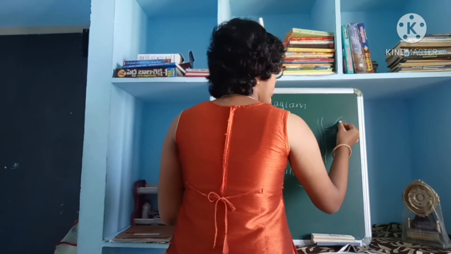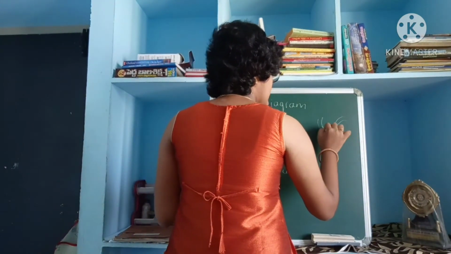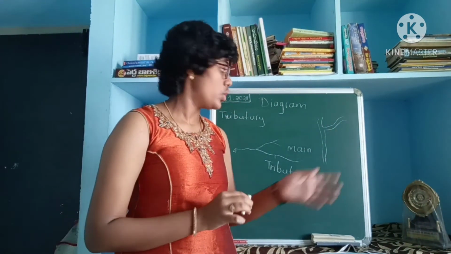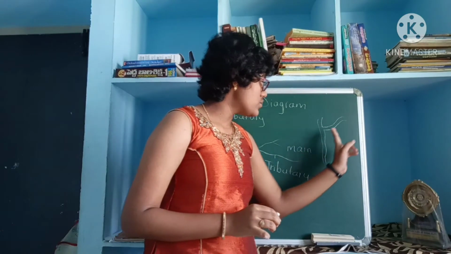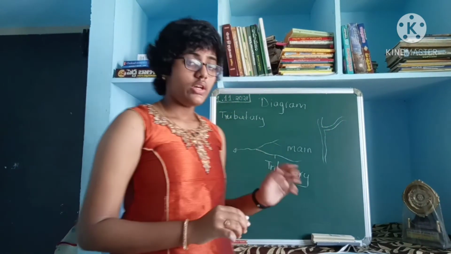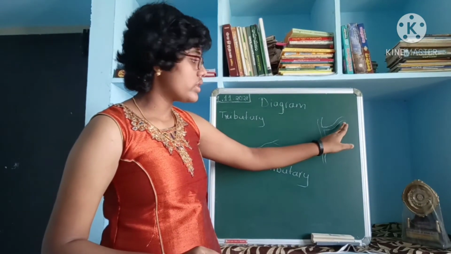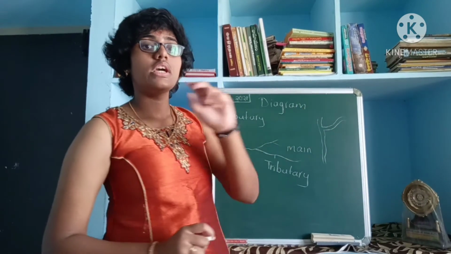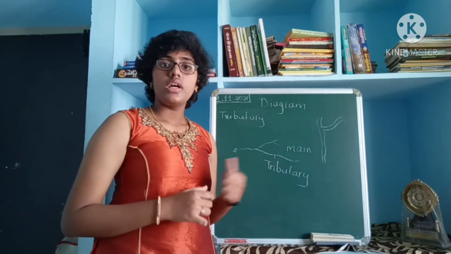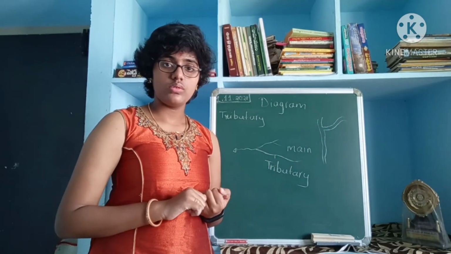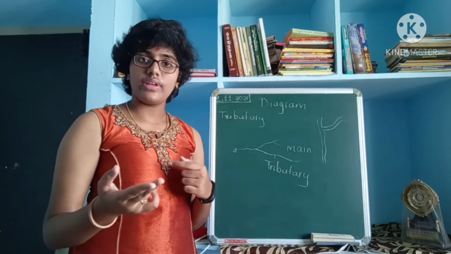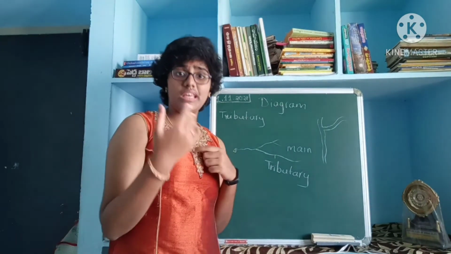The smaller river joins the main river, right? So this smaller river is known as a tributary. We know some of the tributaries of Ganga, like Gangotri, and another one is Yamuna, right? Like that many are there.